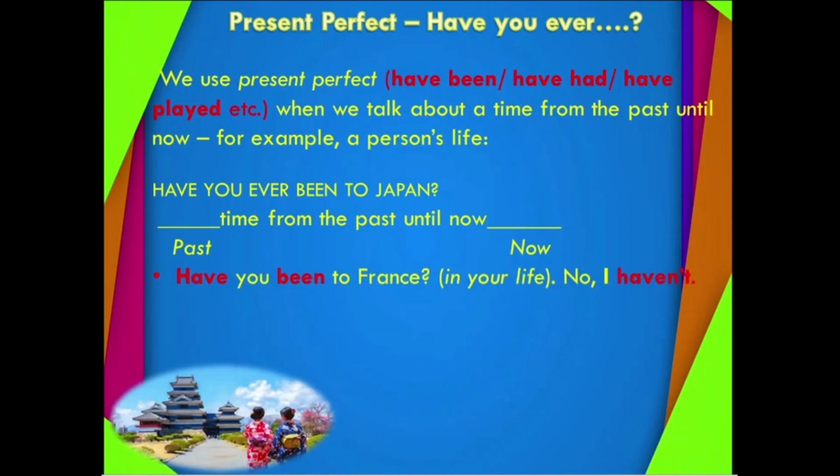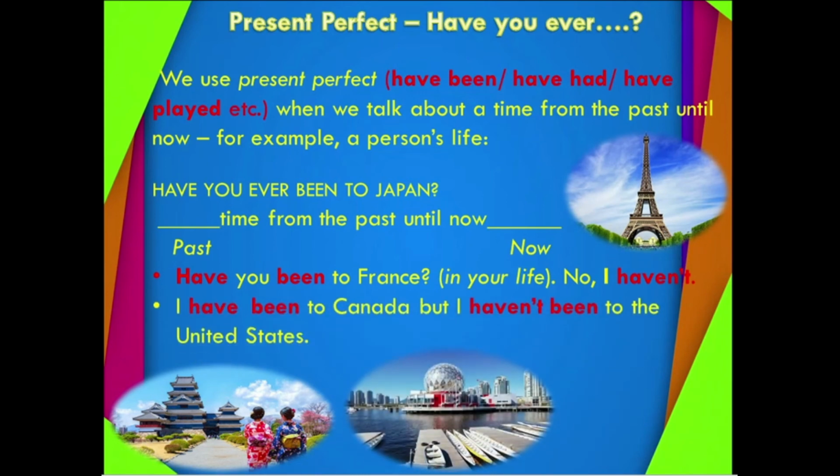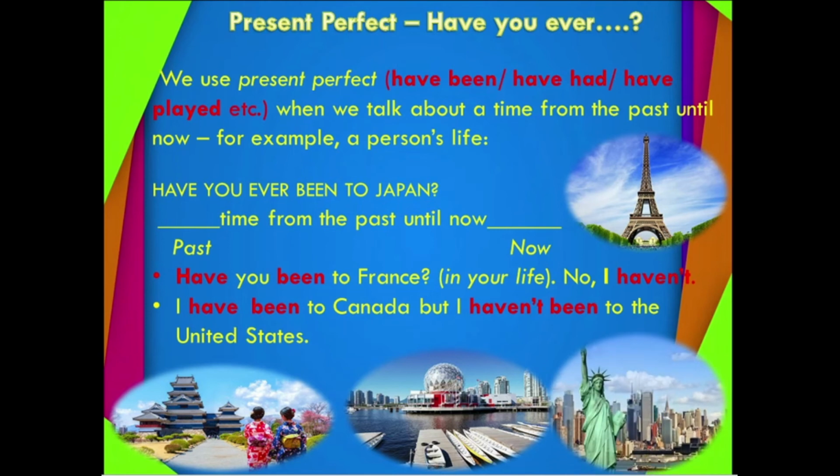Have you been to France? No, I haven't. I have been to Canada, but I haven't been to the United States. Again, this is also very important, asking someone, either she or he or your friend, whether they have reached or have been there. Has Anne ever been to Australia?